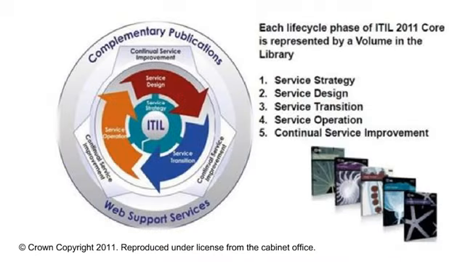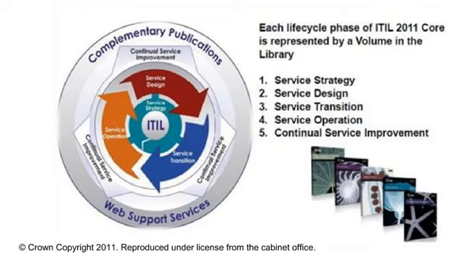ITIL 2011 core publication. In our last slide, we understood the concept of service owner, process owner. This slide explains the concept of ITIL publication. ITIL has the following components. The ITIL core, best practice guidance applicable to all types of organizations who provide services to a business.